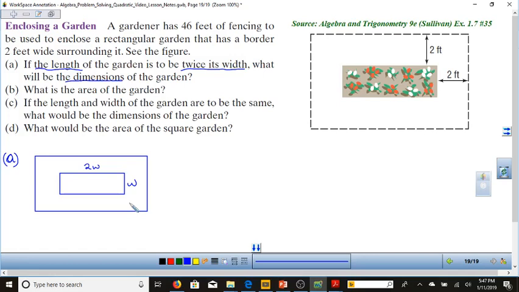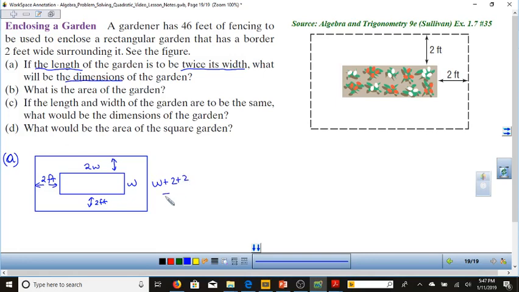All right. Now we also know that he has 46 feet of fencing to be used to enclose the garden with a border of 2 feet. So we know that the distance from the garden to the fence is 2 feet all the way around, which means if you look at this carefully, if you want to find the distance of the fence here, it's really the W on the width side plus 2 feet for going up and 2 feet going downward.